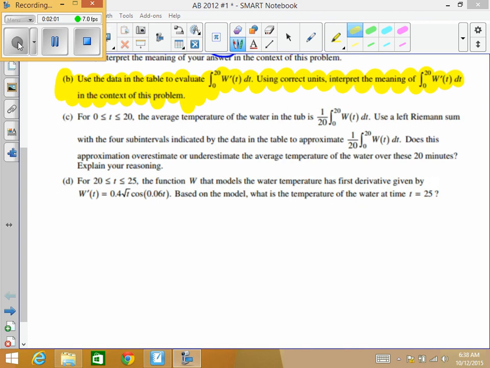Part B asks us to use the data in the table to evaluate the integral from 0 to 20 of the rate of change of temperature. We also have to interpret the meaning of that in the context of this problem.